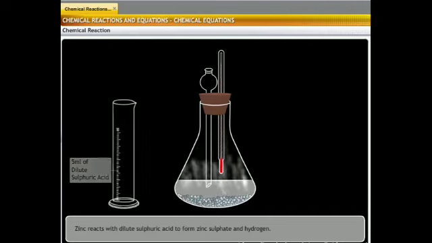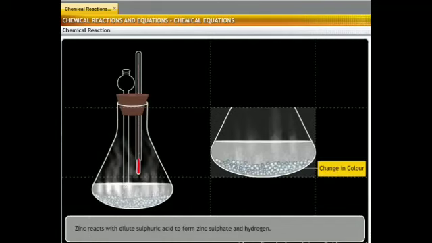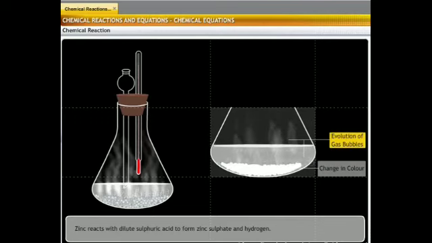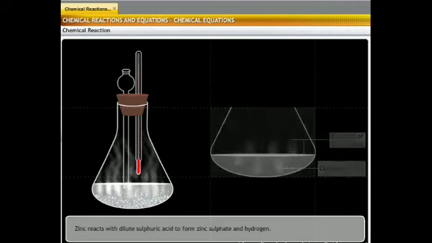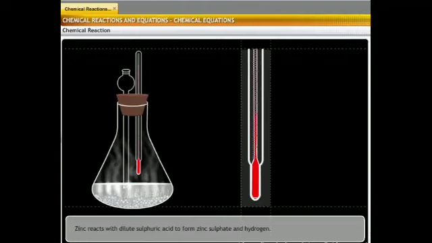After some time, we observe that the grey colored zinc granules change into white colored substance and there is evolution of gas bubbles. The reading of the thermometer also increases.